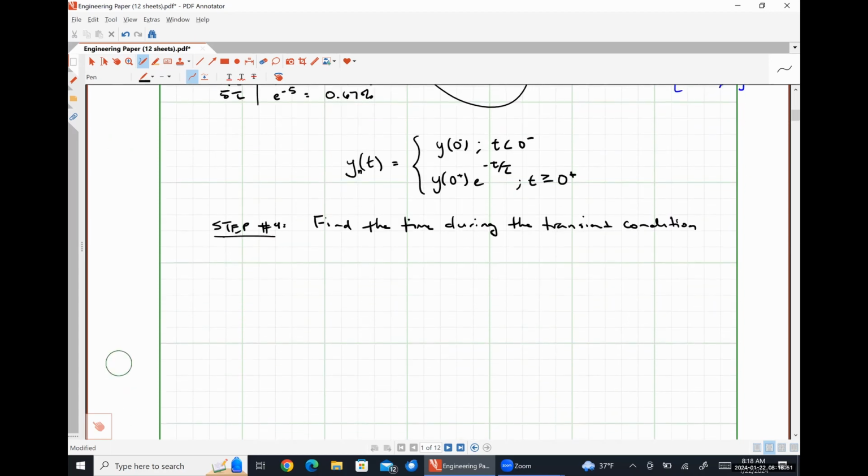Our total response is simply the sum of the natural response plus the forced response of the system.